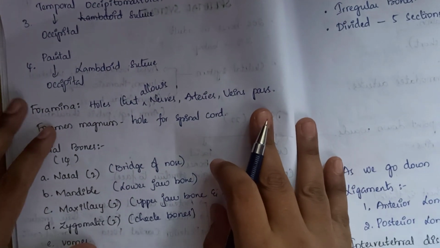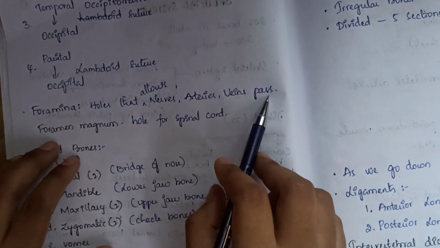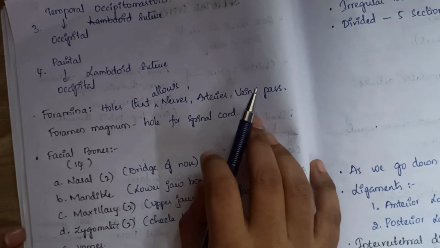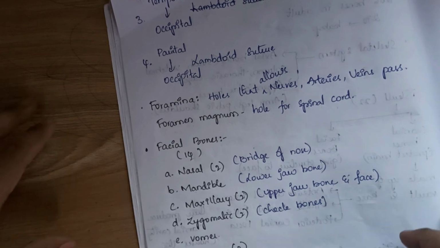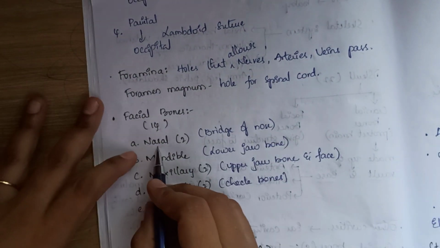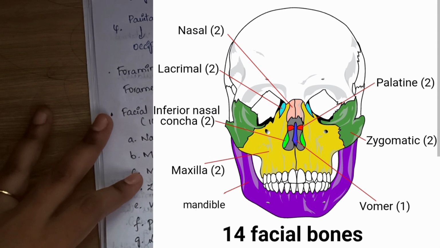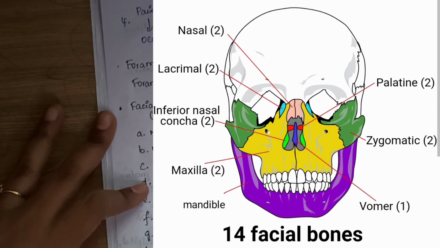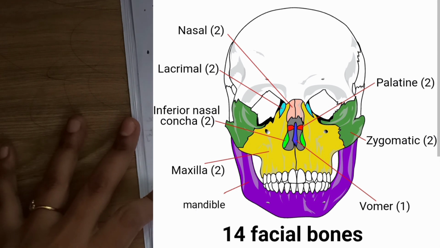There are foramina, that are holes that allow nerves, arteries, and veins to pass, and the foramen magnum, which is the hole for the spinal cord. Then facial bones. Facial bones are 14 in number: nasal, mandible, the lower jaw bone, maxillary, the upper jaw bone, then zygomatic, the cheekbones, and vomer, palatine, lacrimal, and inferior nasal concha, which are 2.